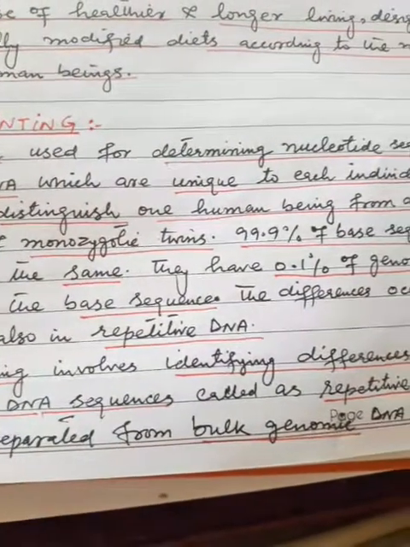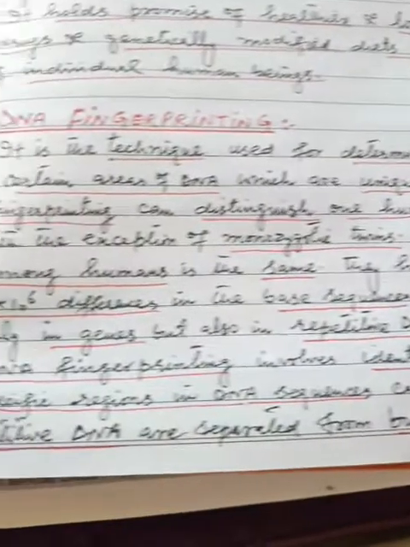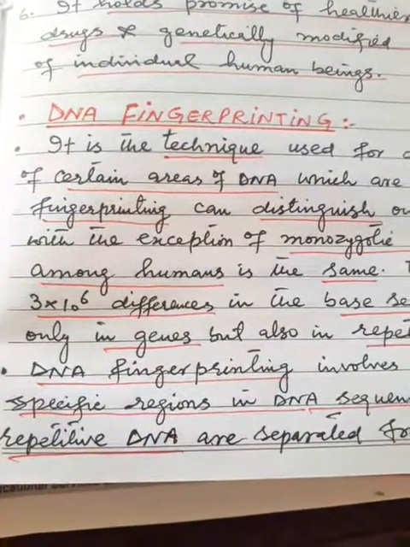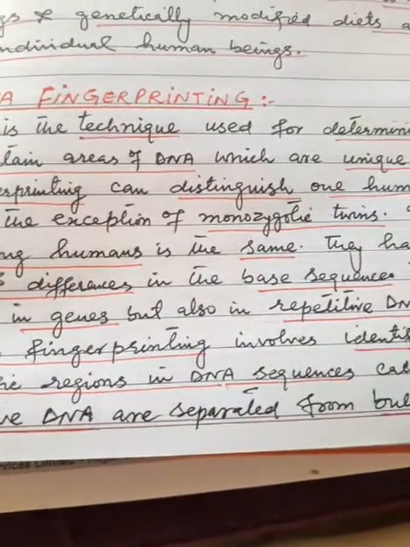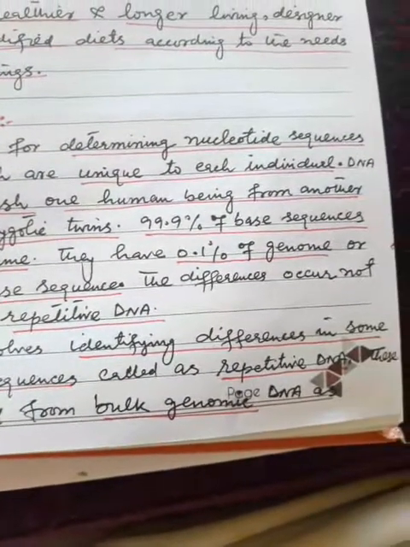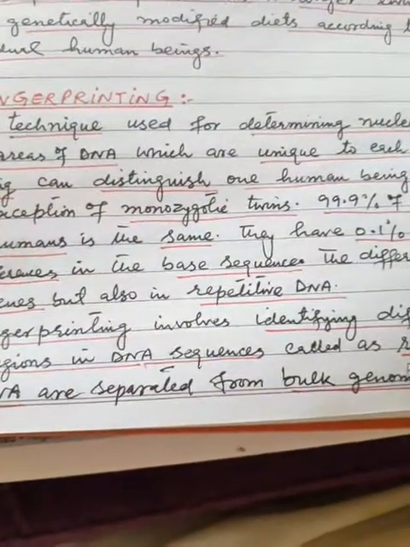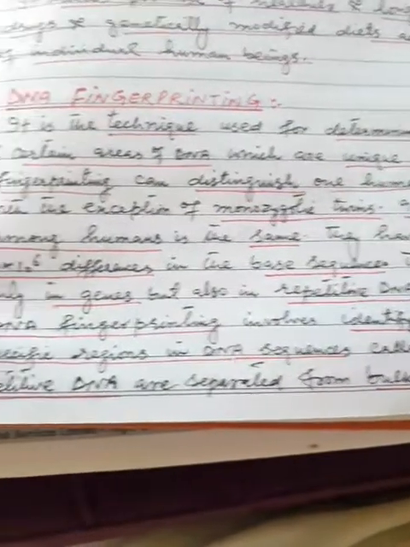They have 0.1% of genome, or 3 x 10^6 differences in the base sequence. The differences occur not only in genes but also in repetitive DNA.